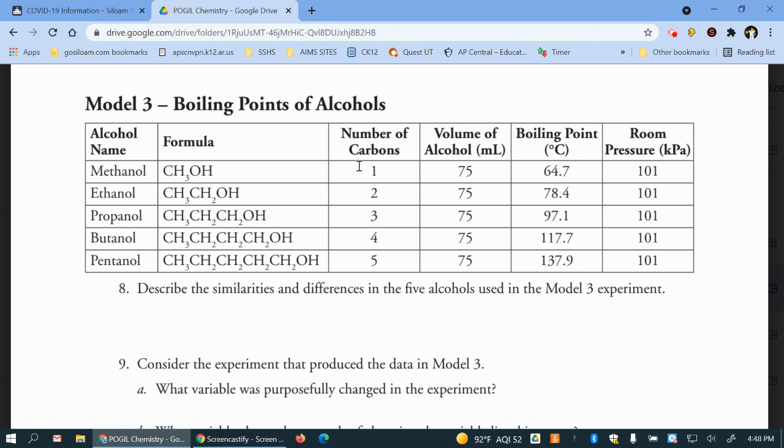So perhaps the experiment would be they're just going to look at methanol, and then they'll look at different volumes of methanol. So now the number of carbons would become a constant. Since we're looking at how it affects the boiling point, that would be the dependent variable. And guess what? Room pressure is still a constant.